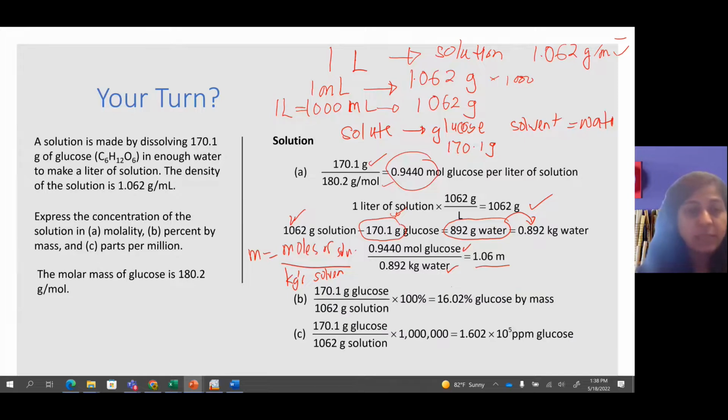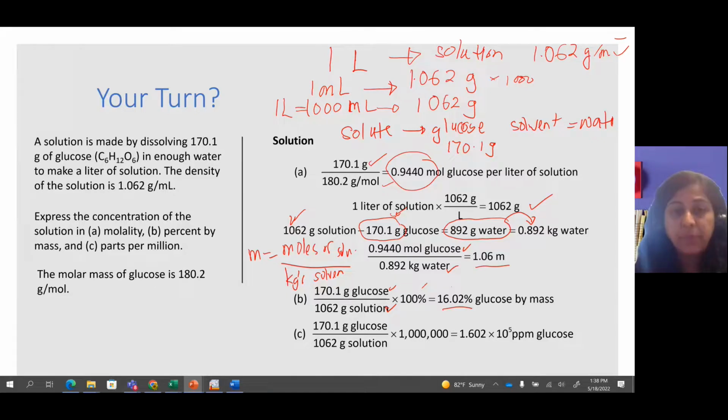Next, we'll calculate the percent by mass. In order to find the percent by mass, you divide the mass of the solute by the mass of the solution multiplied by 100. Yes, that is the percent by mass.